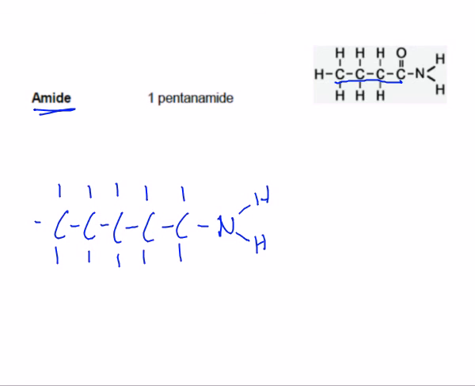I am missing my oxygen, aren't I? Right here, which makes this an amide. I was thinking it's an amine. See how easy it is? An amide changes, guys, you got that double bonded oxygen. So up here, the other one is going to be what? Butanamide. We get some weird names going on. Okay? Questions?